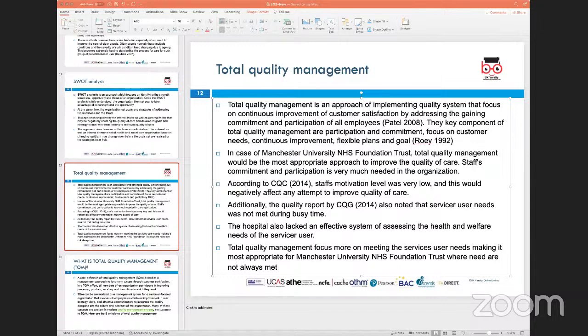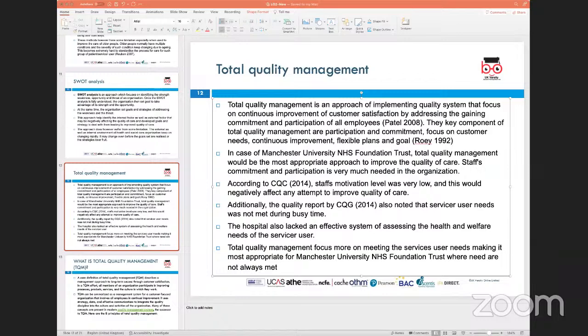TQM was looked at from the point of view of time, cost, and quality. So if any of these, time or cost, are compromised, then you would generally see an effect on how quality of the product can be delivered.